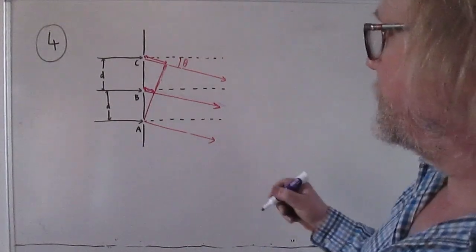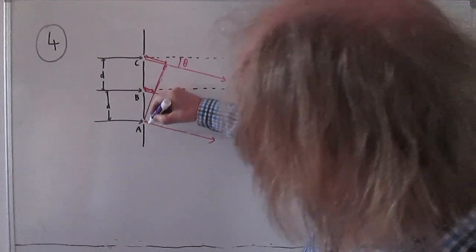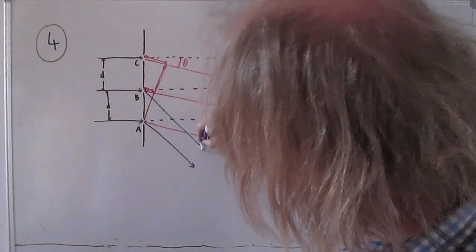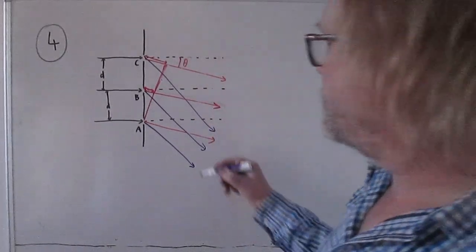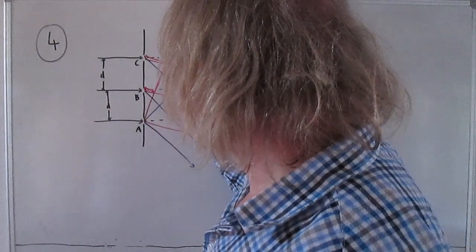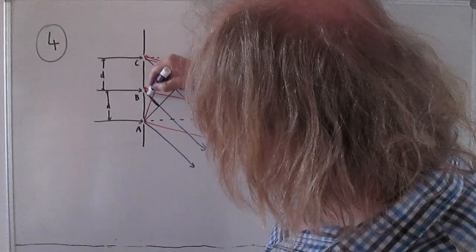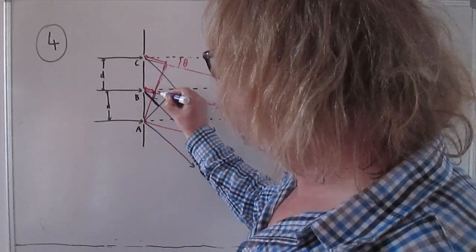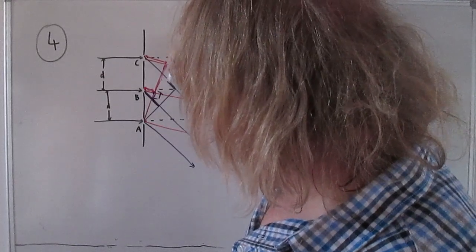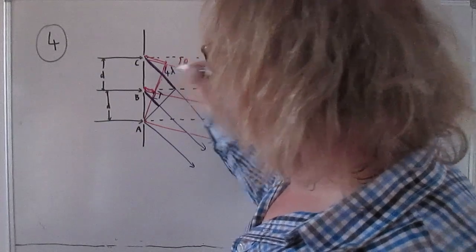Now for the second order lines, they're going to result from diffraction through a bigger angle, so we're going to get lines like this. And the idea now is that, again, when we draw that line up there, this distance is now going to be 2 wavelengths, and this distance is going to be 4 wavelengths.